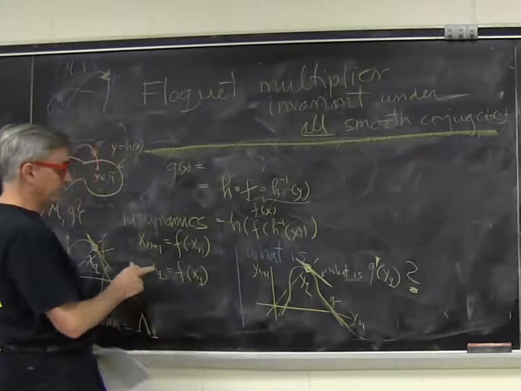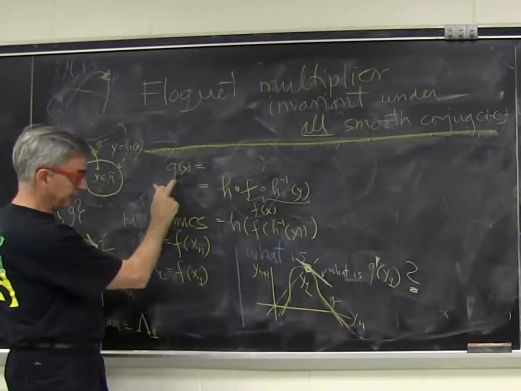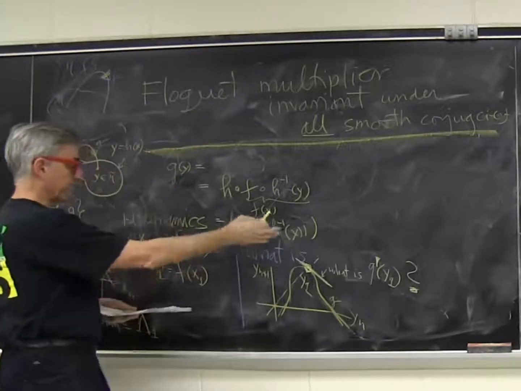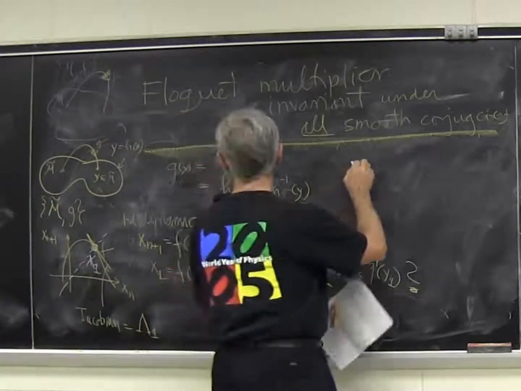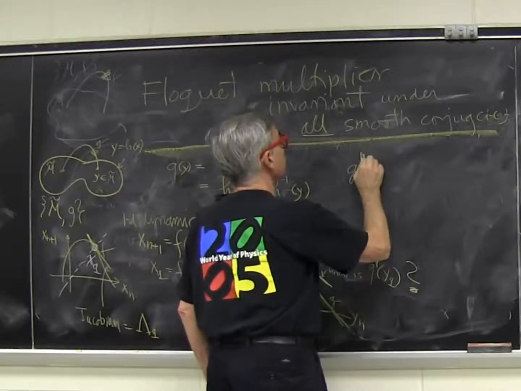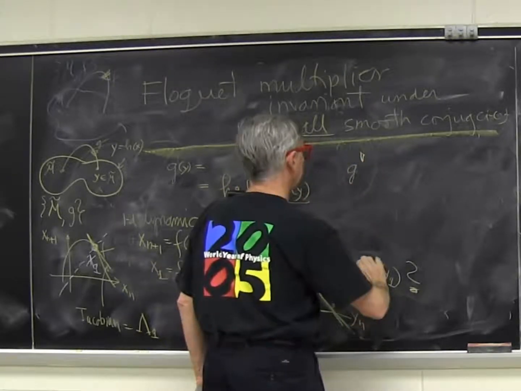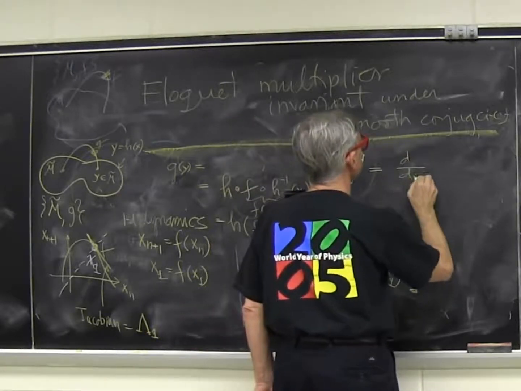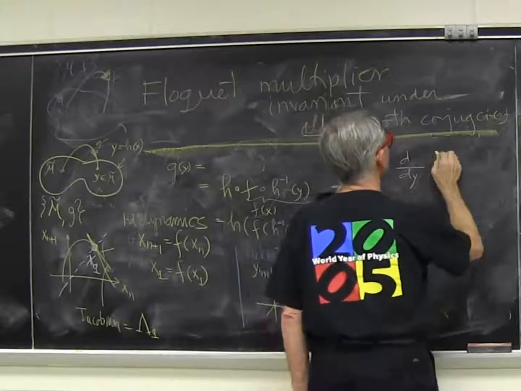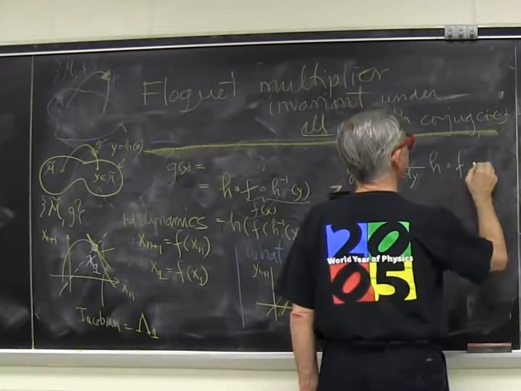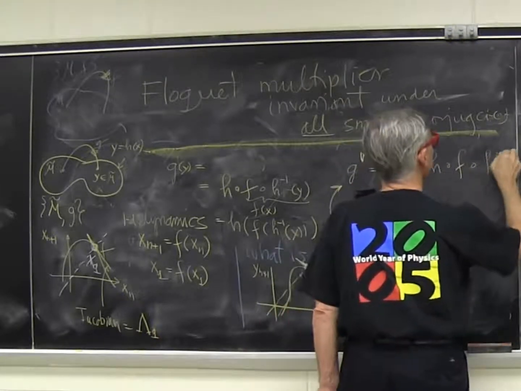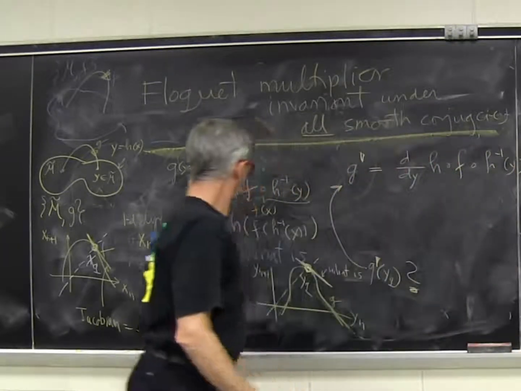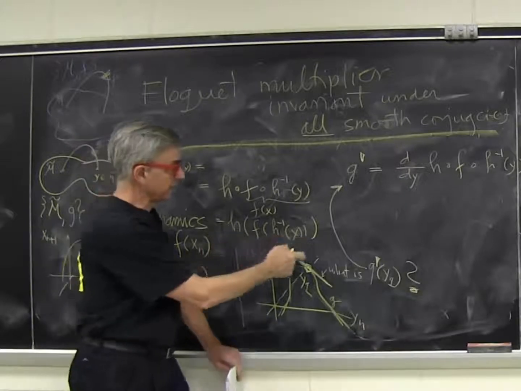So now what I do is I take the derivative with respect to y of both sides of the equation. So I'm interested in g prime, which is d dy of h of f of h minus 1 of y. And now I can use the chain rule.